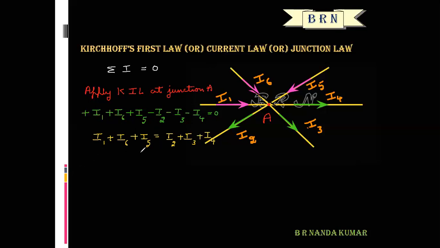That means the sum of currents entering the junction is equal to the sum of currents leaving the junction. And what is the significance of Kirchhoff's first law, current law, or junction law? Significance is most important.